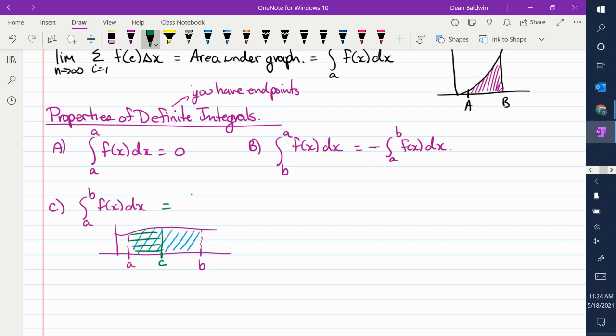If I want that green bit, that would be the integral from a to c of f of x dx. And then if I wanted the red bit, plus the integral from c to b of f of x dx. So you can split up integrals, because it's just representing total area, basically.